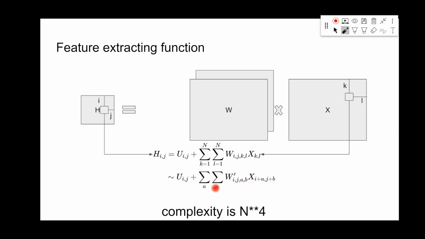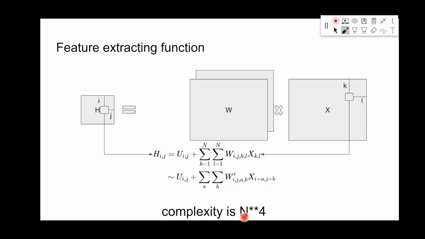But if we limit the range of A and B, for example, KL is from 1 to n, but for AB we constrain it to a very small range, the computation will be reduced a lot, because for each H_ij we only need A times B operations instead of n squared. If A and B are just, for example, 3, this would be a small operation instead of n squared operations, so this becomes a constant.